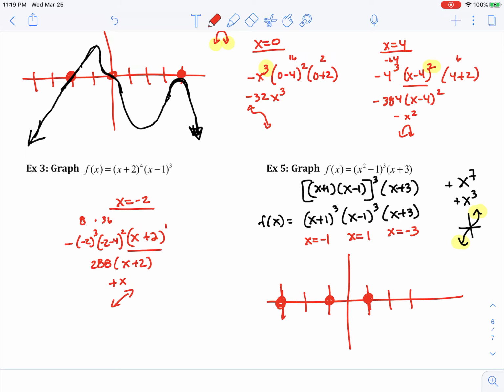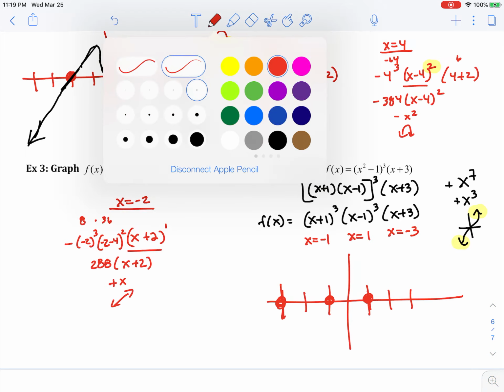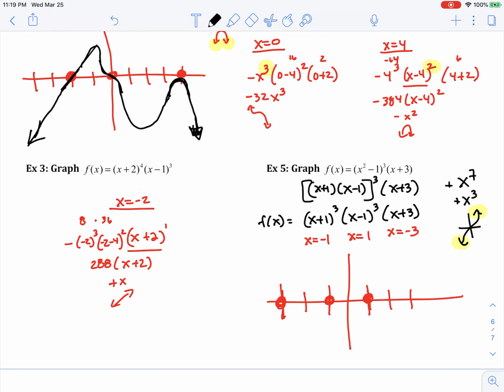If we said our overall behavior of our graph was taking on a positive x to the 7th or a positive x odd, so as we go towards a positive infinity, our graph should be coming up on the far right. And as we go towards a negative infinity, our graph should be coming down, because that is what a positive x cubed does.